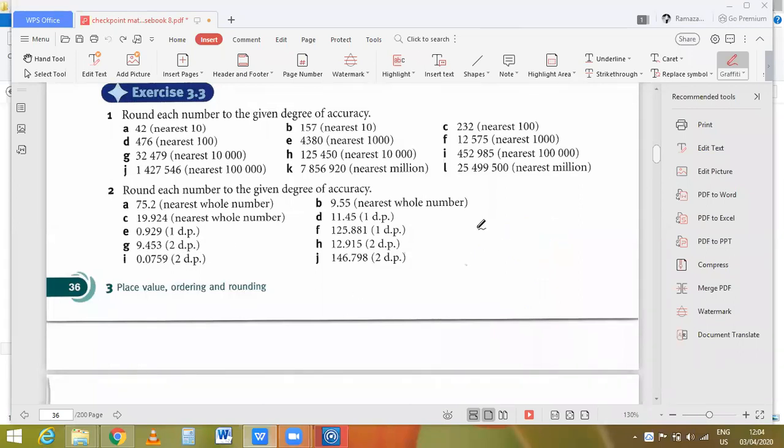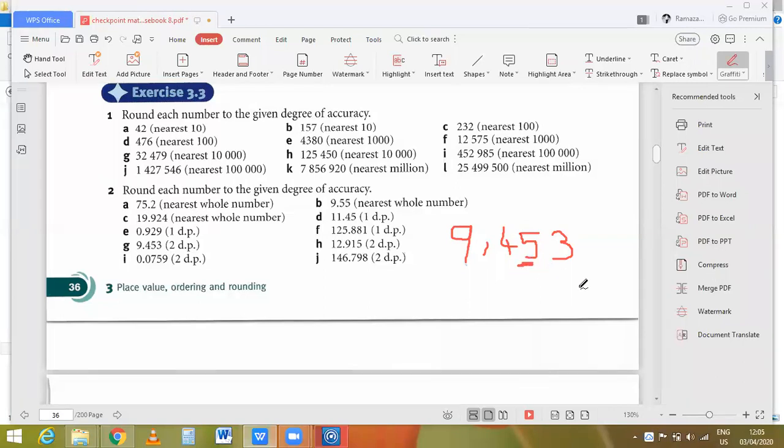Okay, 9.453. This time it's asking for the second decimal place. So which one is the second decimal place here? This is the first one and this is the second one. But is 5 our decider?